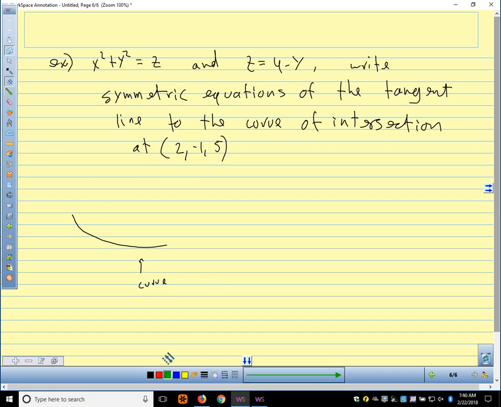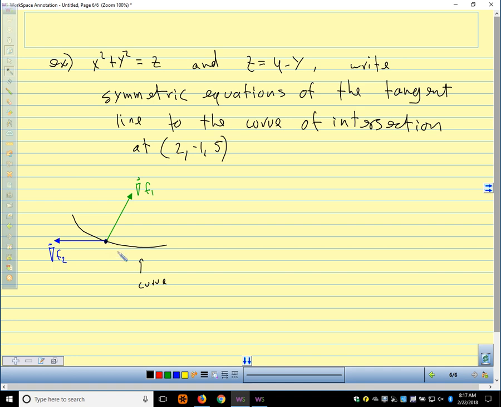At this particular point, we have del f1 and del f2. So there's our curve, there's that point, there are the normal vectors at that point.